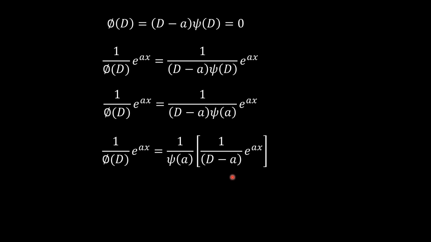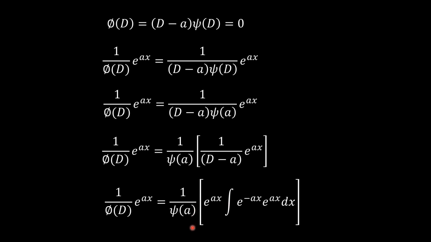So please recall the general method and operate this operator on the function e raised to ax, which will give us 1 upon psi of a of e raised to ax into e raised to x integration of e raised to minus ax, this function e raised to ax dx.